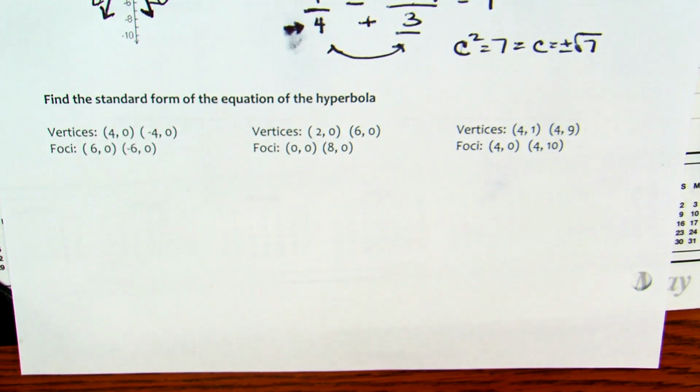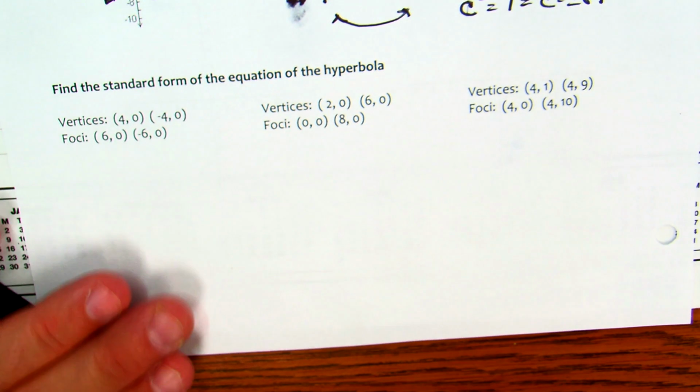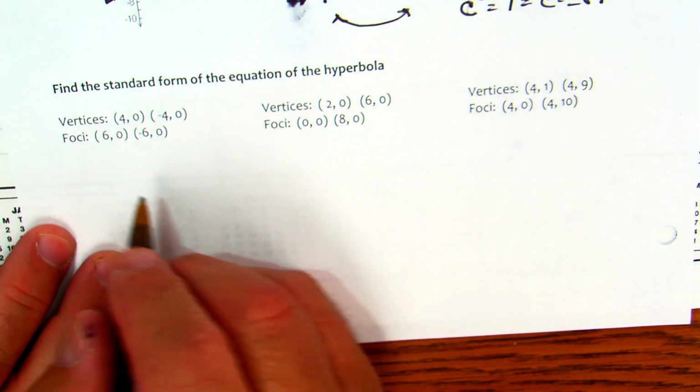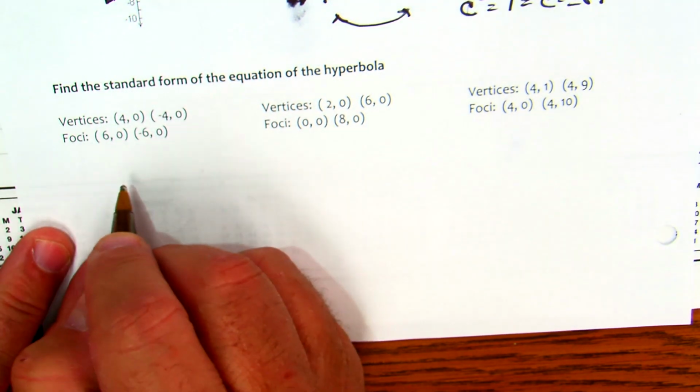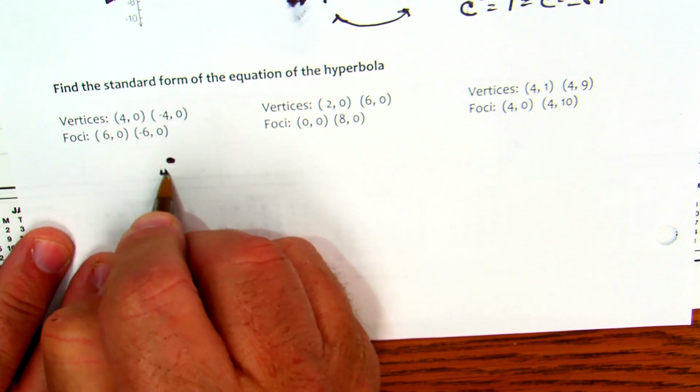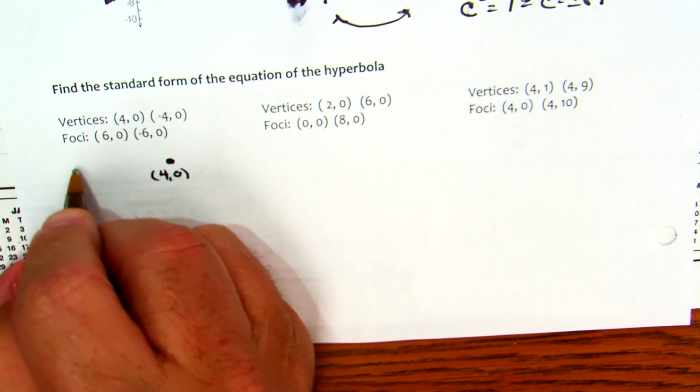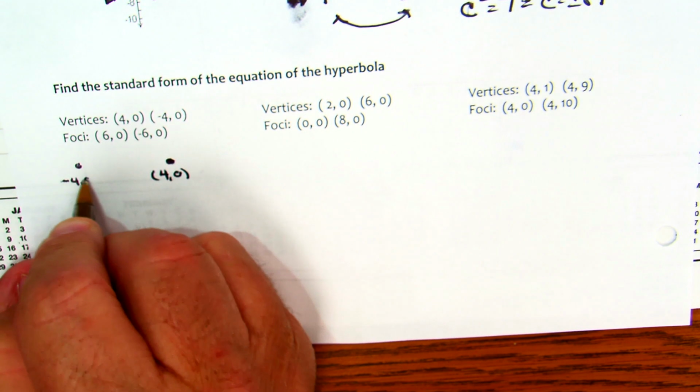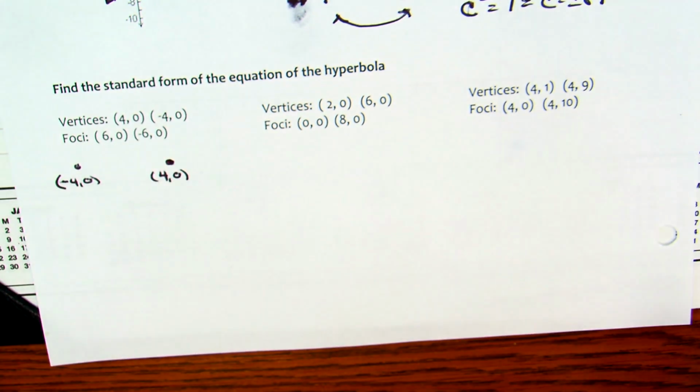Find the standard form of the equation of the hyperbola. So my vertices are at 4, 0 and negative 4, 0.